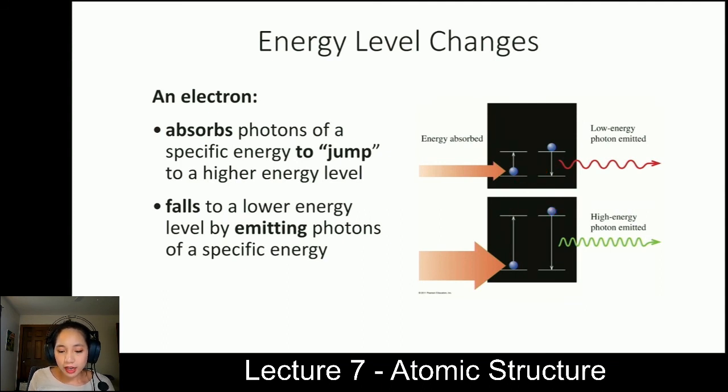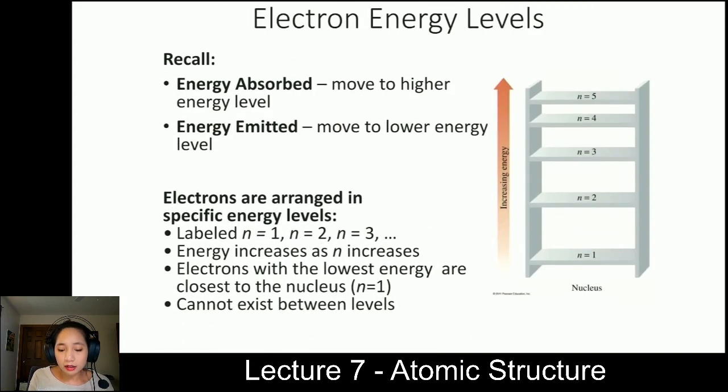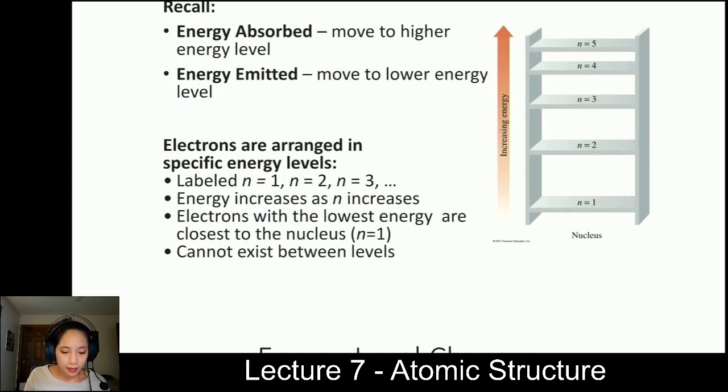And if an electron falls a greater distance, from a higher rung of our ladder to a lower rung, then an even higher energy photon will be emitted. So it all goes back to this ladder analogy. If you fall from a higher place, a higher energy photon will be emitted, compared to falling from a lower rung to n equals 1, where a lower energy photon will be emitted.